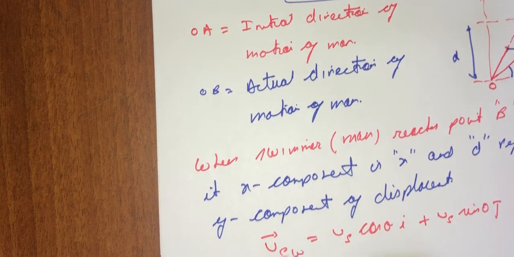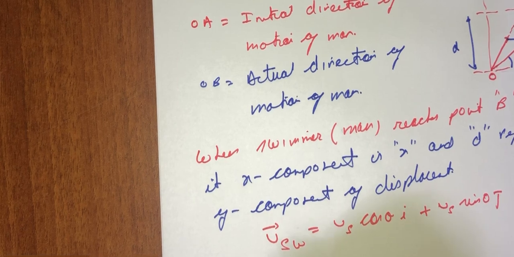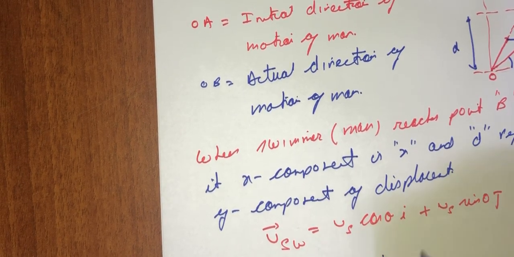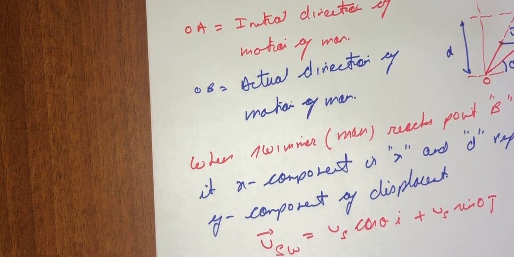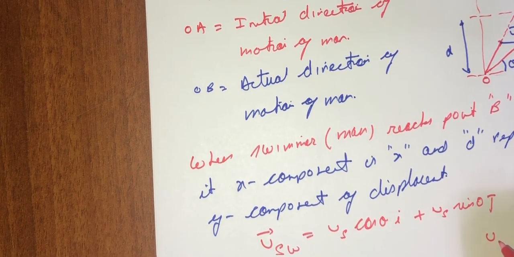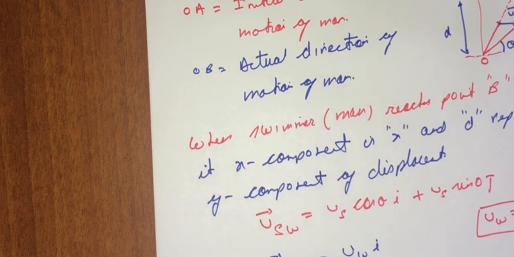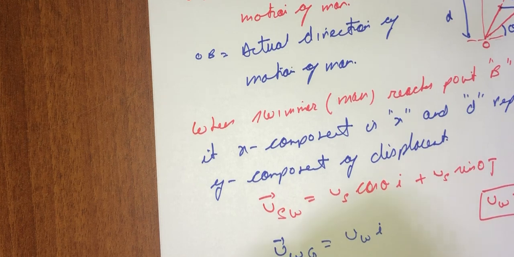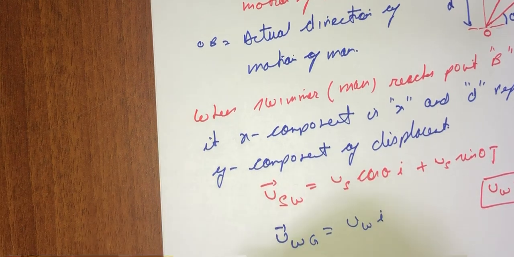So in the next part we find out the velocity of the water with respect to ground, and that will be equal to Vw i, because it is traveling only in one direction. Okay, so in this case Vw is nothing but velocity of the river. So we can find out Vsg, the velocity of the swimmer with respect to ground.